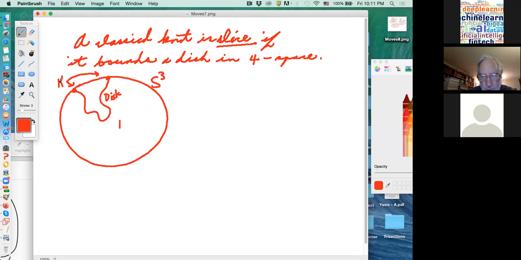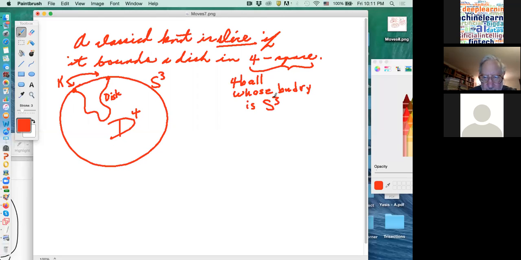And this is four space, the four ball whose boundary is S3. Okay? And that's the four-dimensional space we're going to think about.